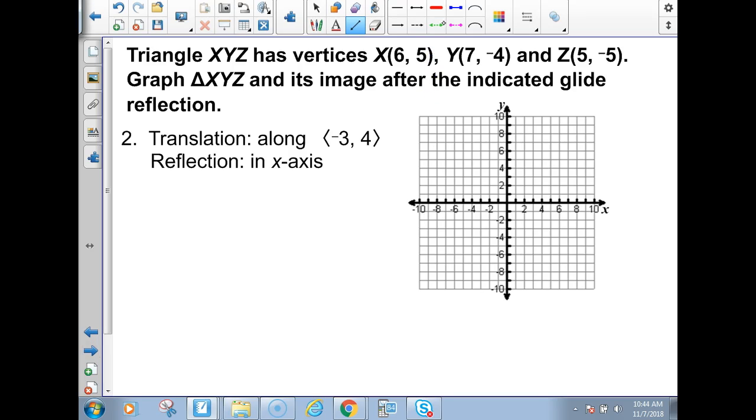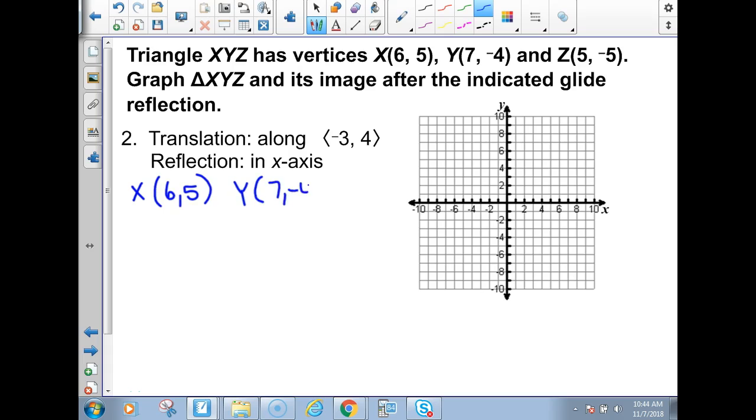Okay, we're going to... Oh, you guys don't have the points I found written down, do you? Okay, so let's just write them down. And we're going to write everything that happens on this one so that when you have a question similar to it, you will know what to do. So X is (6, 5), Y is at (7, -4), and Z is at (5, -5).